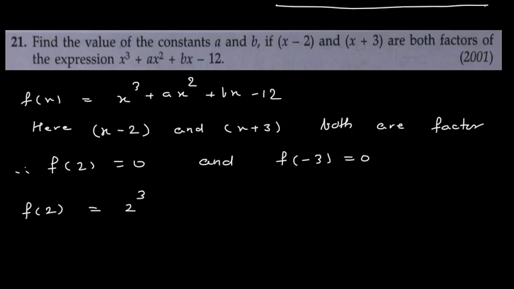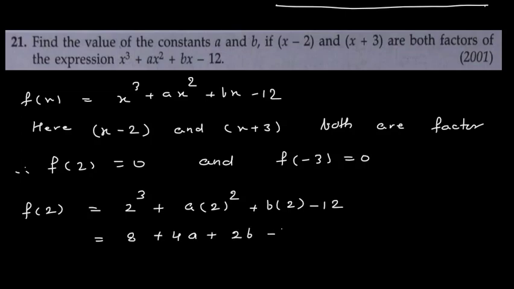So this is 8 plus 4a plus 2b minus 12. So this is 4a plus 2b minus 4, and f of 2 is 0.